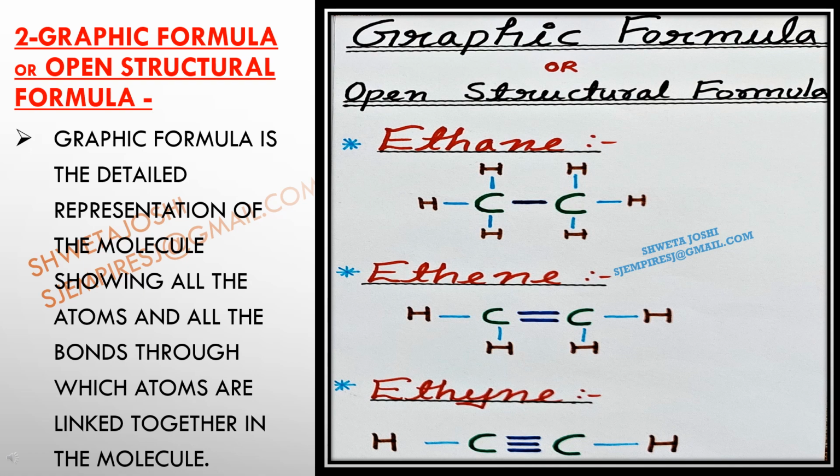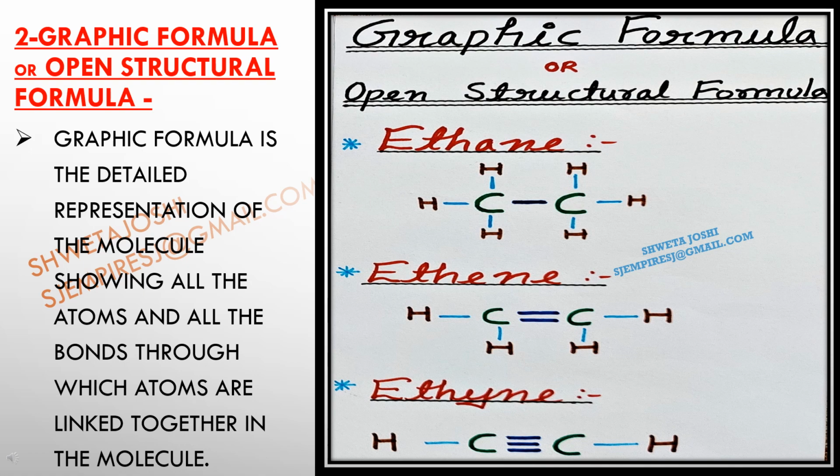Now, since we have to satisfy 4 valencies of both carbon atoms, we attach 3 hydrogen atoms to each carbon atom. Since it is a graphic formula, we have to show all the bonds present between carbon-carbon and also between carbon-hydrogen.